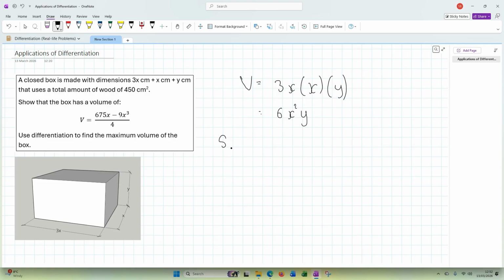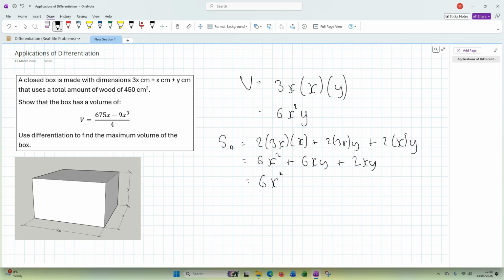So this would be surface area equals 2 times 3x times x plus 2 times 3x times y plus 2 times x times y, which simplifies to 6x squared plus 6xy plus 2xy, and we can combine the like terms here. So it is 6x squared plus 8xy.